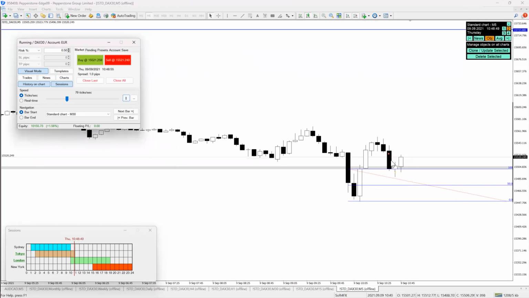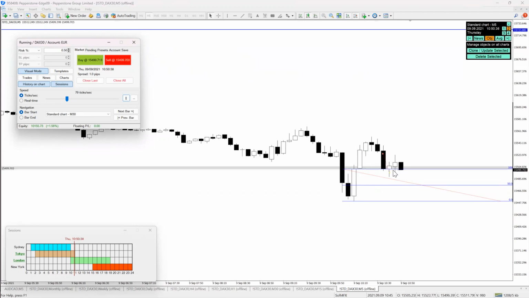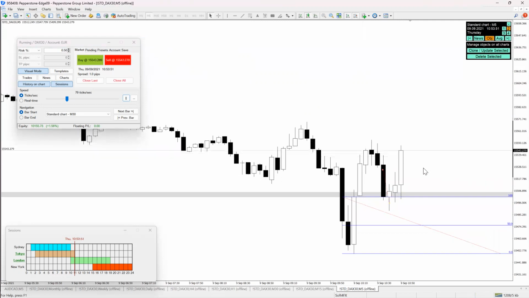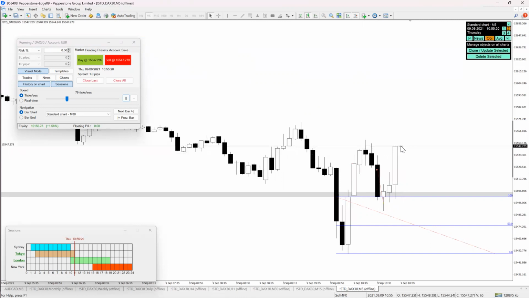Looking for that buy from this point. I didn't enter it though. I'm just going to watch because this could just be a little pullback. If it works out, it was paper trade. Yeah, looking good.